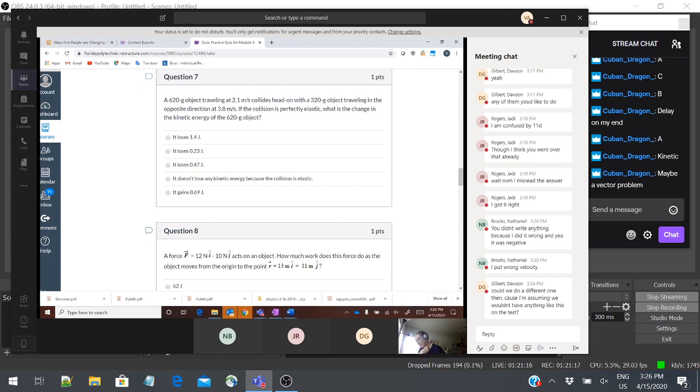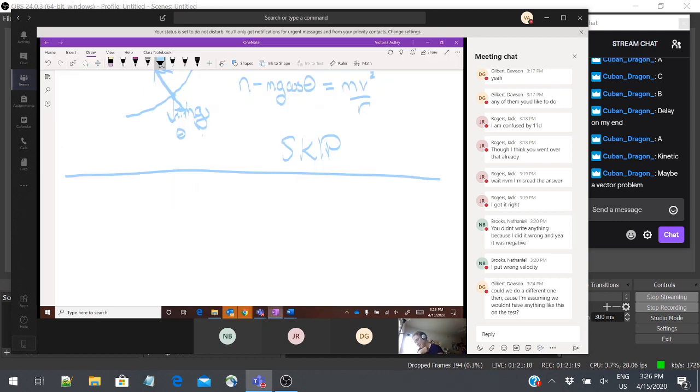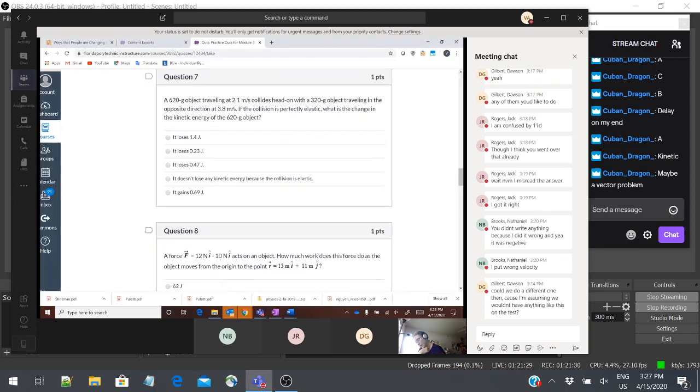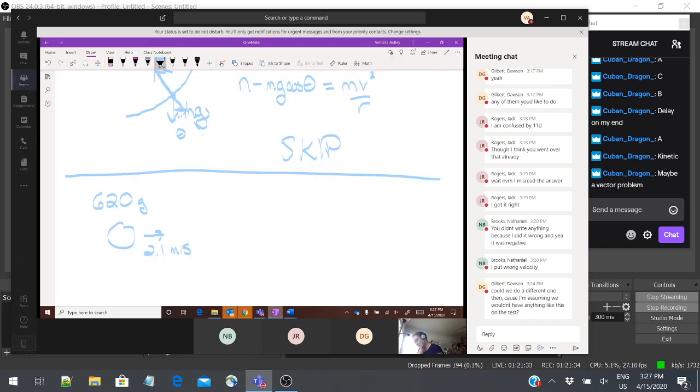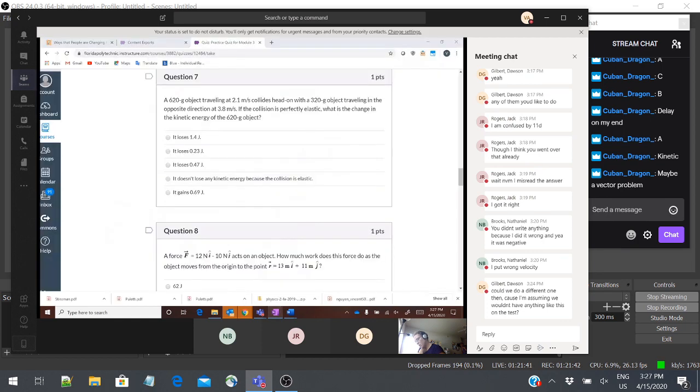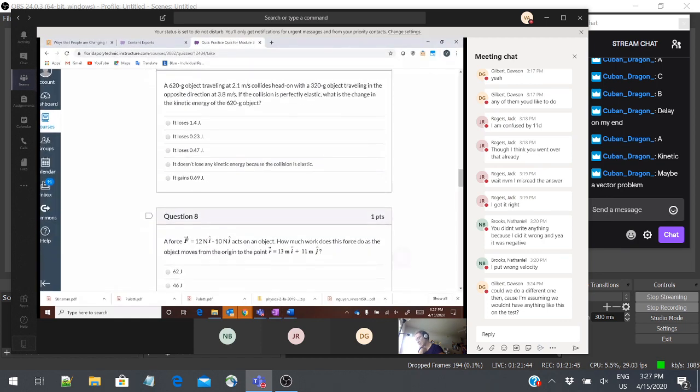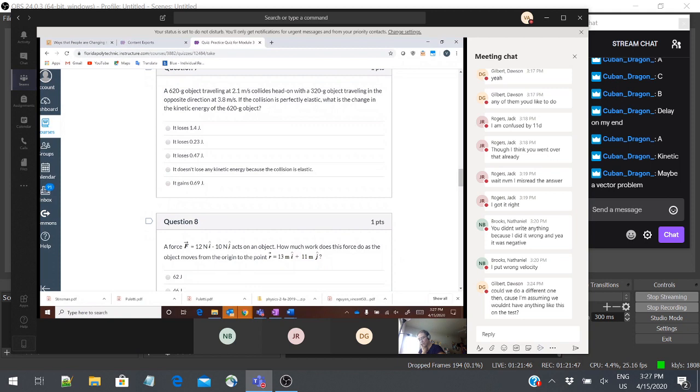Okay, so we have a 620 gram object traveling at 2.1 meters per second. And then it collides head on with a 320 gram object traveling the opposite direction at 3.8 meters per second. What is the change in kinetic energy of this 620 gram object?